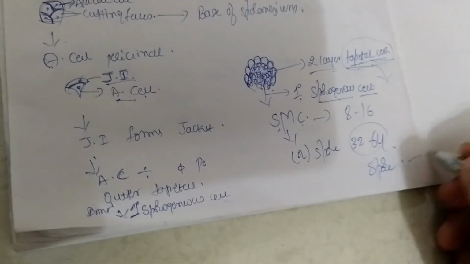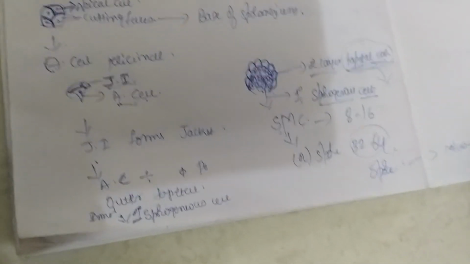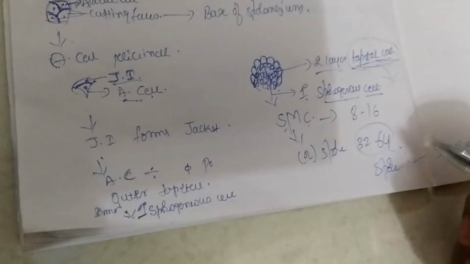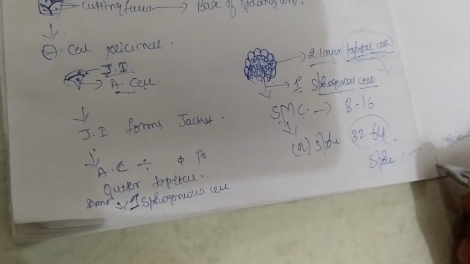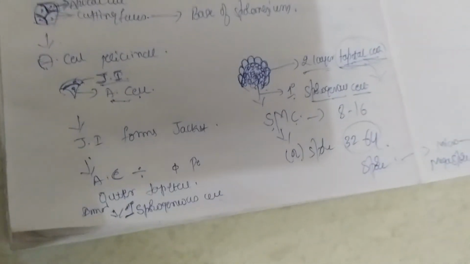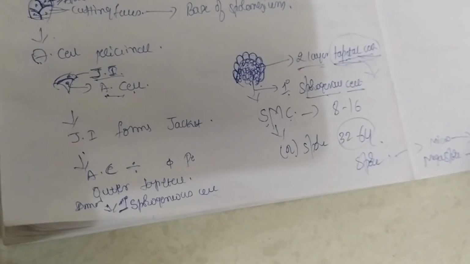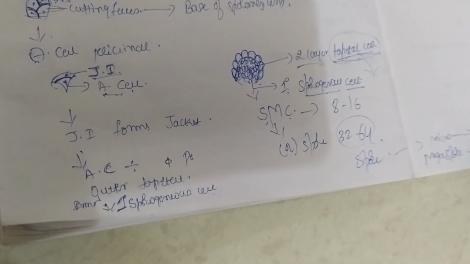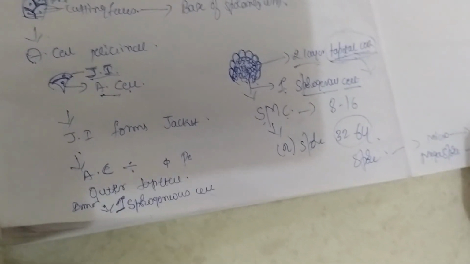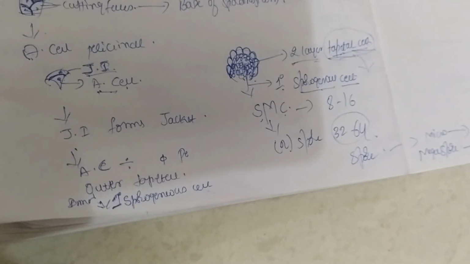Now the spores formed in microsporangia are going to develop as microspores, whereas of the spores present in a megasporangium, most of them are going to degenerate except one. So only one is going to develop as a functional megaspore, whereas in the case of microspores, the entire set is going to form microspores.